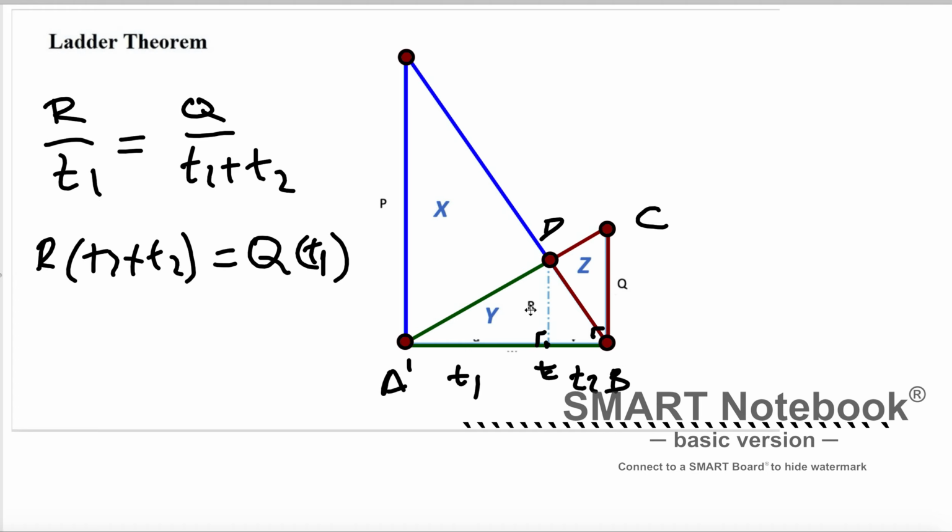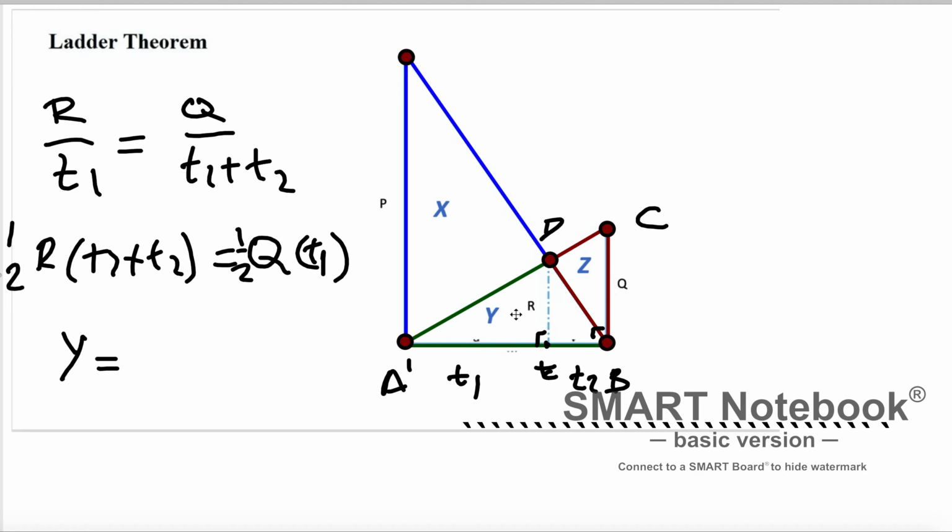But in fact, those are surface areas. If we multiply both sides by 1.5, this side and this side, we have the areas of those triangles. And now R is going to have the area of y. So the whole area is going to be y, equal to the area of this big triangle ABC, which is q.